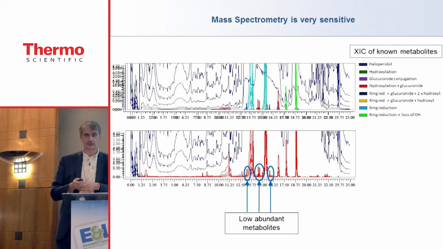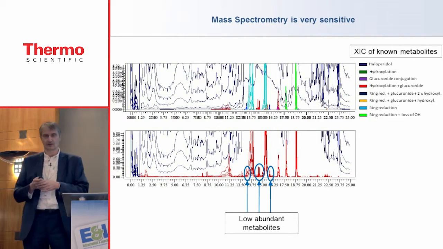Those are the metabolites which were described in the literature. And if we enlarge this chromatogram and go deeper and deeper, we see a lot of low abundant components.